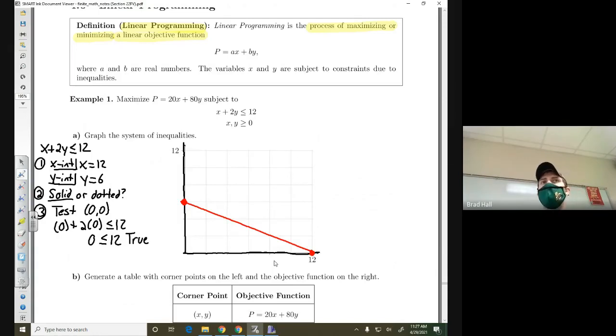Before, we got a false statement, and we had to shade above the line because of it. Here we get a true statement, so we shade below the line. I don't really have any labels here, it's just the line. So we're shading this little region here.